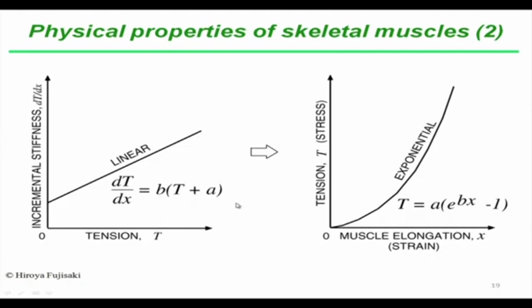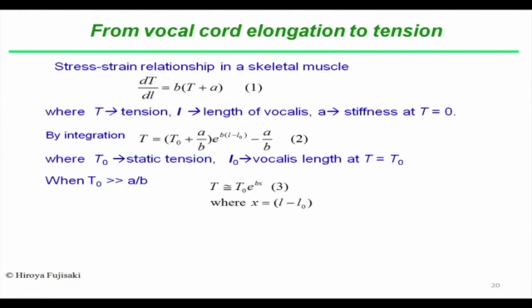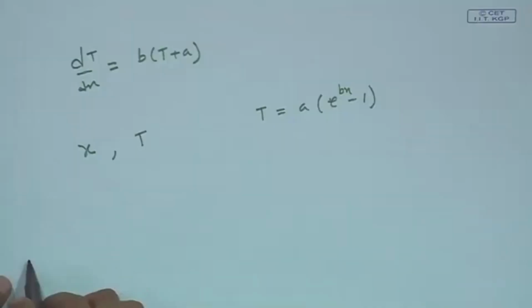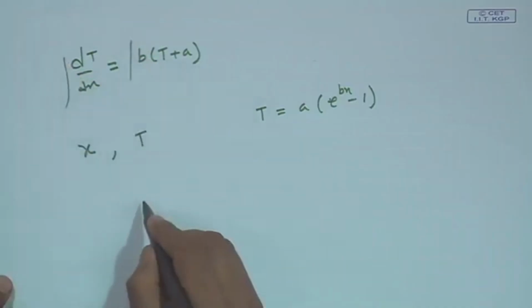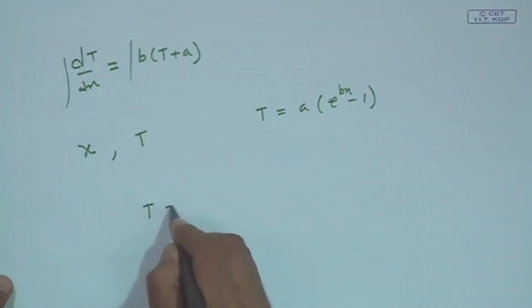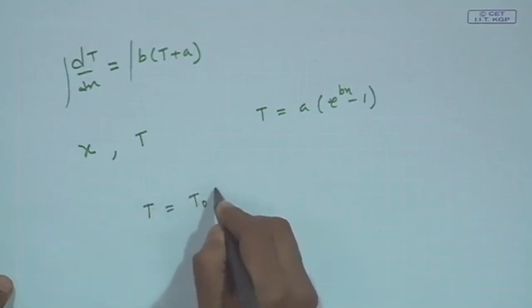Okay. Now, from there, the stress and resolution of skeletal muscle. So, dT/dx is equal to b into T plus a. Now, if I integrate both sides, what will we get? We will get T equal to T0.